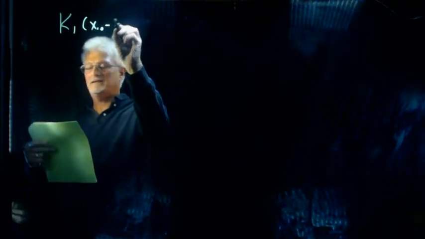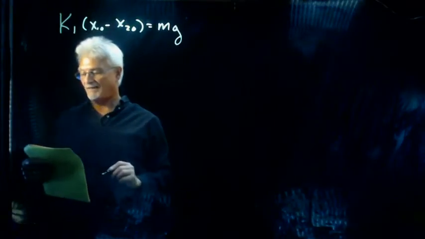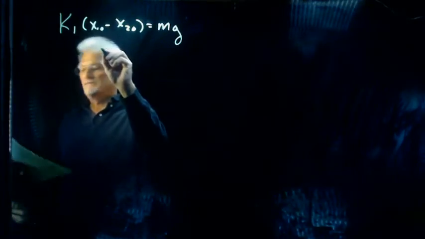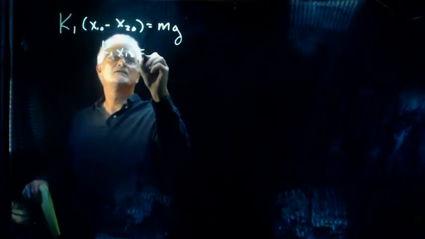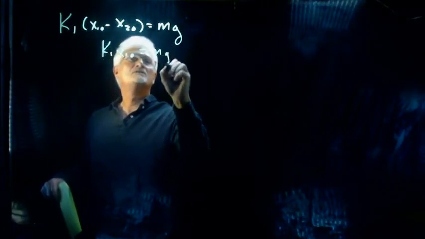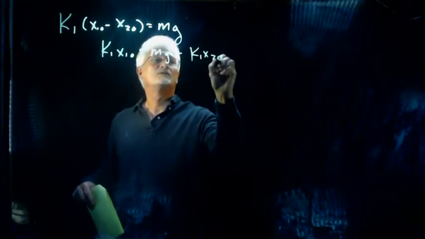K1 times x10 minus x20 equals m1g. I'll solve this for x10, right? K1 x10 is equal to m1g plus K1 x20.